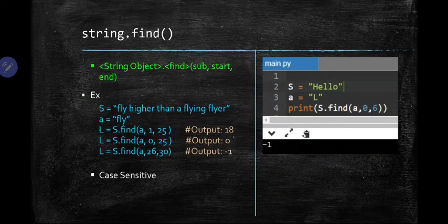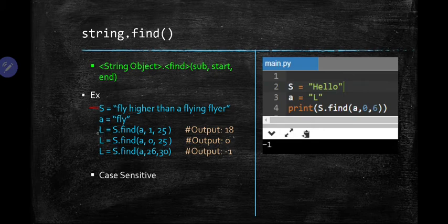The second function is the find function. The use of the find function is, if I want to find whether a substring is present in the given string or not, then this function will return the index of the first occurrence of that substring. For example, I have this string S and I want to find this fly, which is a substring.